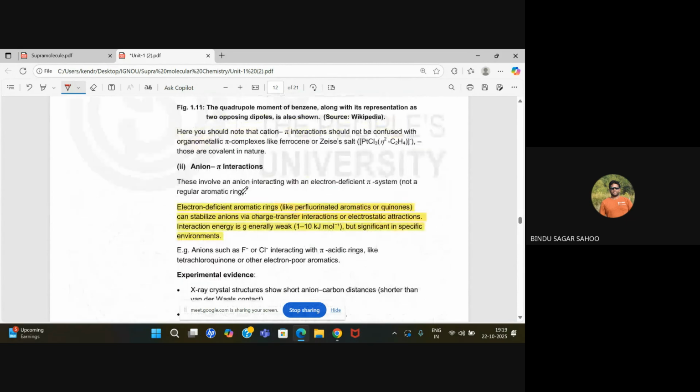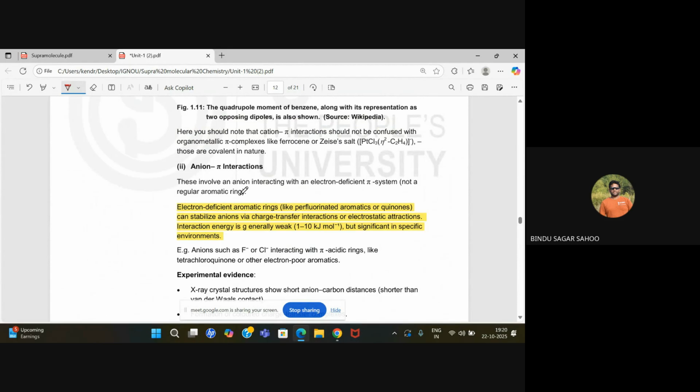Okay, the second type of interaction is anion pi interactions. Here an anion is making an interaction with a pi electron cloud. But here the difference is that the pi electron cloud of this cyclic ring will be just like an electron deficient aromatic ring. That means in the previous case, we were taking a cyclic ring which is not electron deficient.